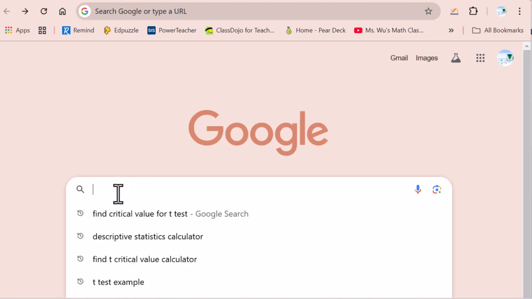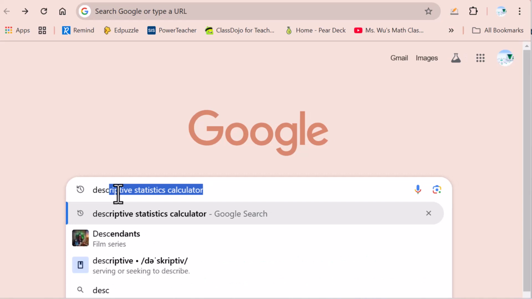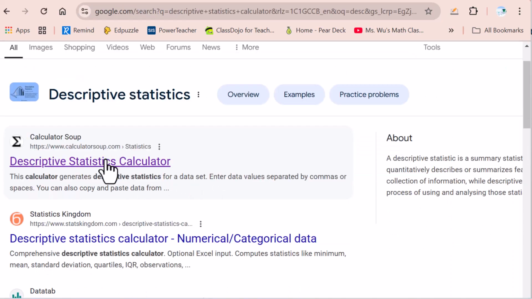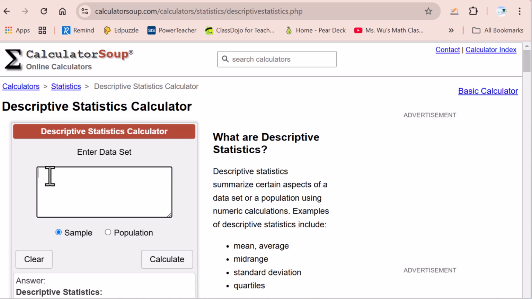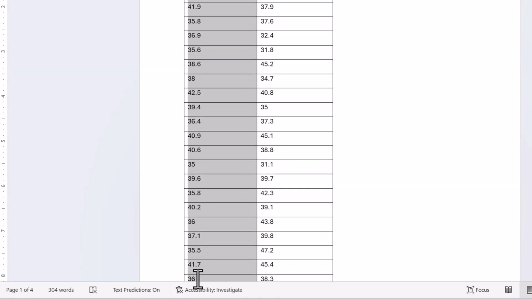Go to Google, type in descriptive statistical calculator, enter. Then click. Copy the data for brand AX here. You just need to copy from this table.